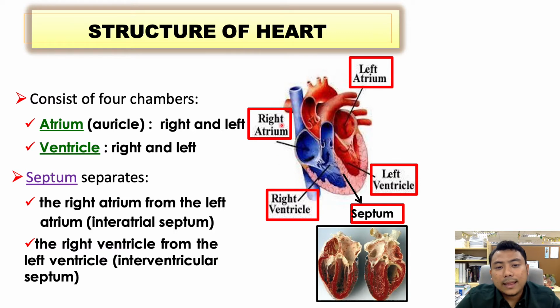Okay, so looking at the diagram of this heart, please always take note that whenever you're looking at the diagram, you're going to have the right atrium on this side, the right ventricle on this side, and the left atrium on that side, and the left ventricle on that side. Whereby when you looking at it, tak sama.